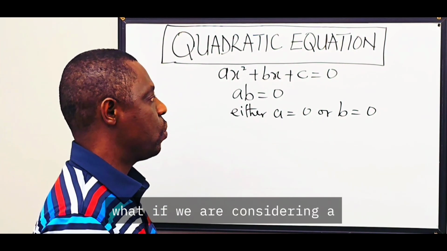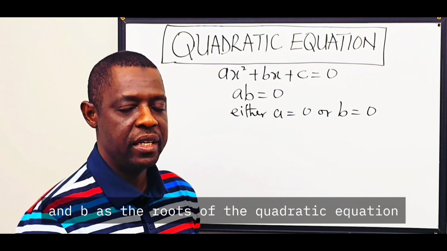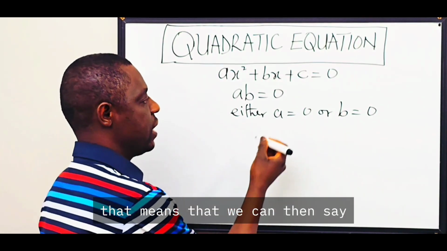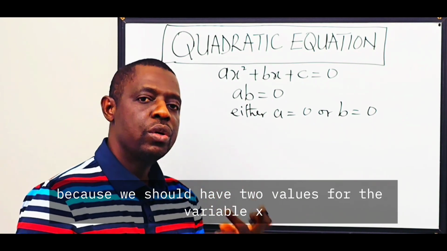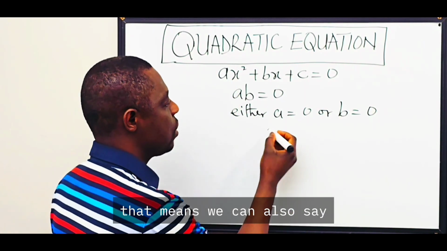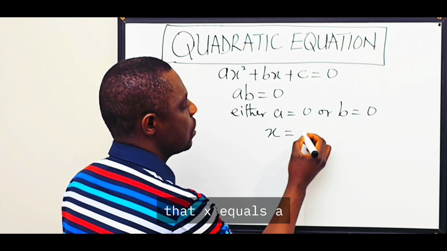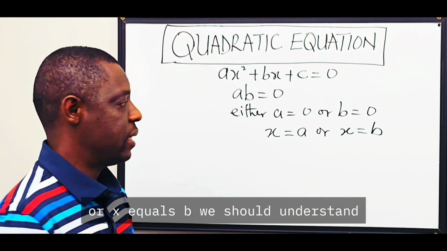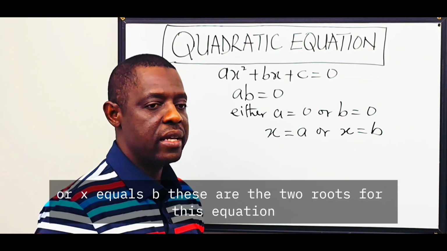Now, what if we consider a and b as the roots of the quadratic equation? Because we should have two values for the variable x, we can say that x equals a or x equals b.